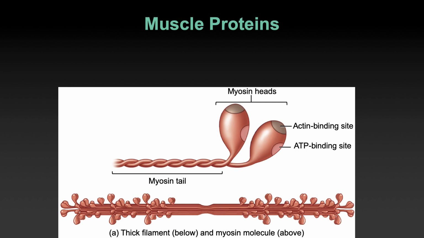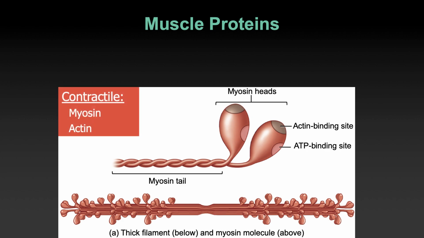Myosin and actin are central to contraction in the muscle. Myosin specifically is central to contraction in the muscle. Myosin is the protein that uses energy and makes motion. Myosin is the protein that moves, that contracts.